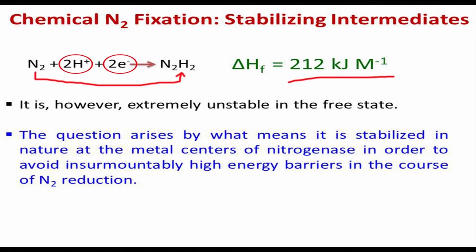Indeed, this is the question: by what means is it stabilized in nature at the metal center of nitrogenase in order to avoid the high energy barrier in the course of nitrogen reduction? It was indeed possible to trap this very unstable intermediate with the help of a metal center.